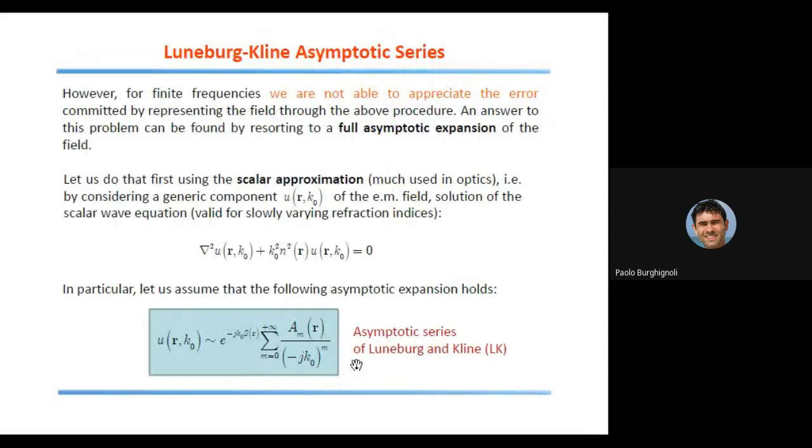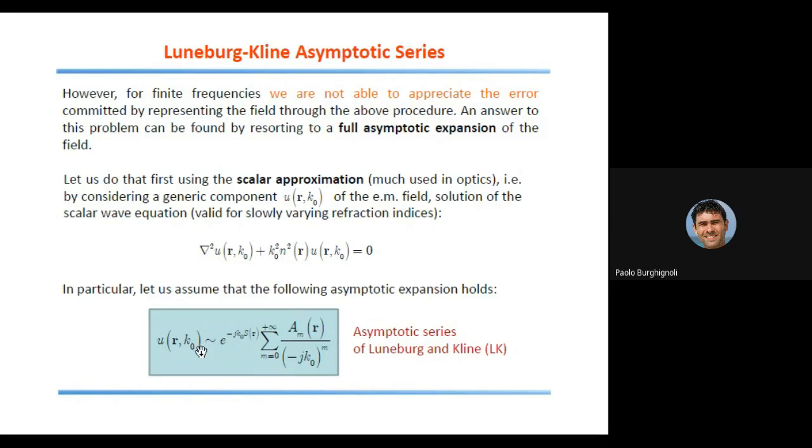This asymptotic series can be written in this way very naturally. We have the propagation factor of the uniform plane wave, the exponential, in which the eikonal is in the exponent. And then you have the infinite summation, in which you have inverse powers of the frequency, in particular of this factor minus jk0, with coefficients A sub m. The index m goes from 0 to infinity. Of course, the 0 index corresponds to the ray optical solution.